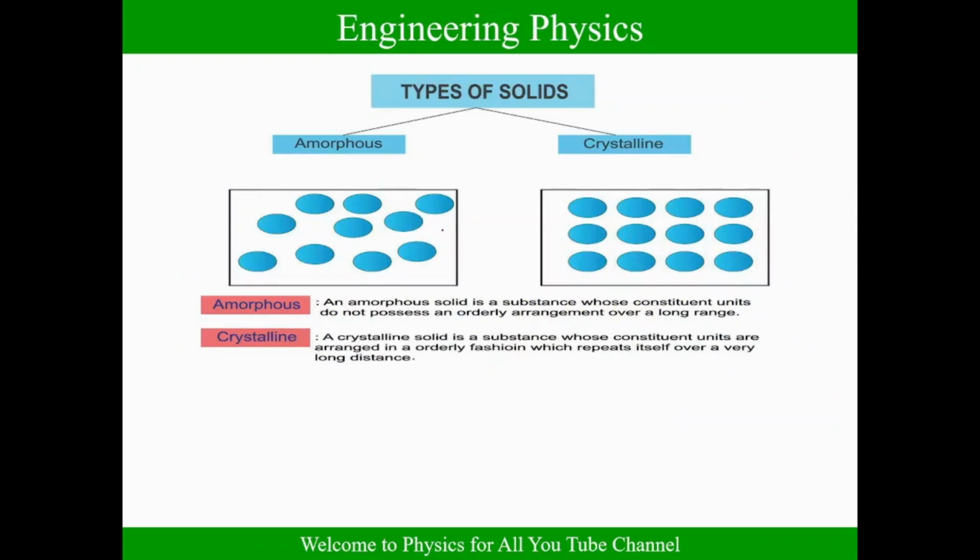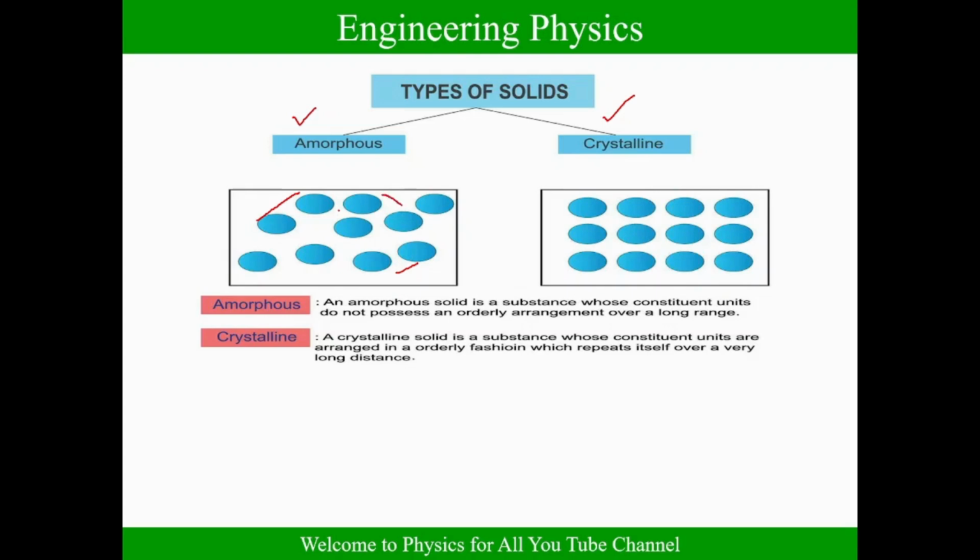Now, again depending on the distances between the neighboring atoms, we are going to divide solids into two types. Number one is crystalline solids and number two is amorphous solids. Now we'll come to the amorphous solid. In this diagram, measure the distance between these two atoms and these two atoms. In this case the distance is more, and here the distance is less, or you can observe these two atoms have a moderate distance.